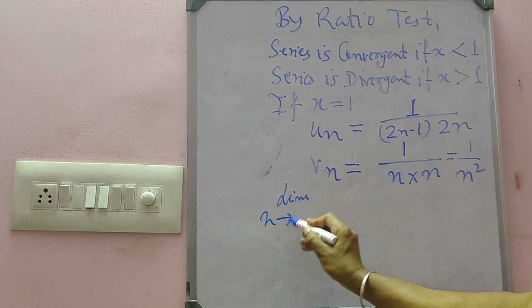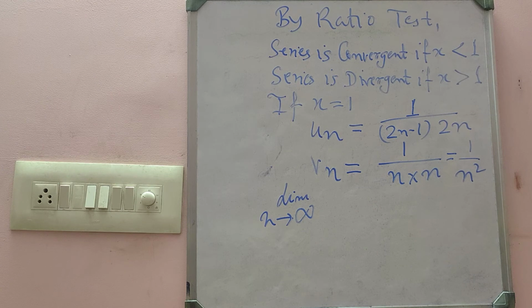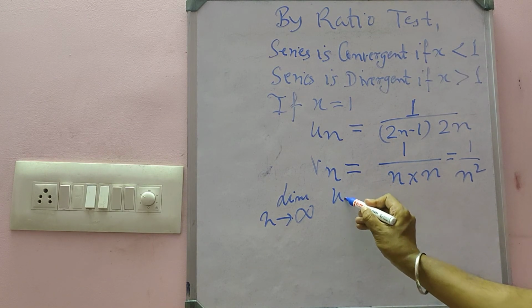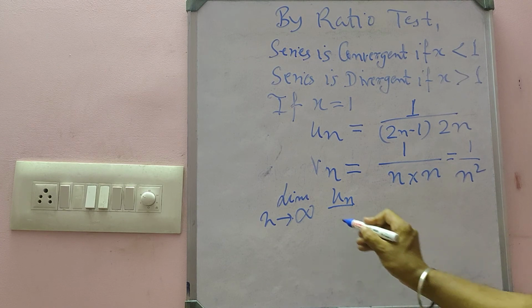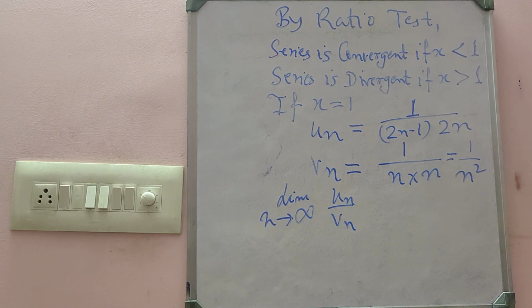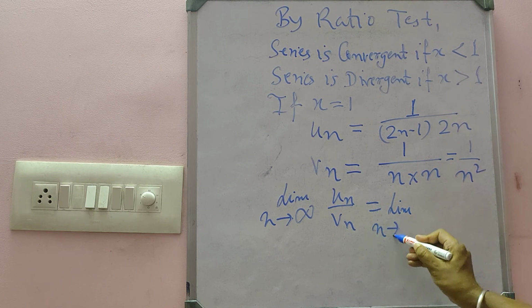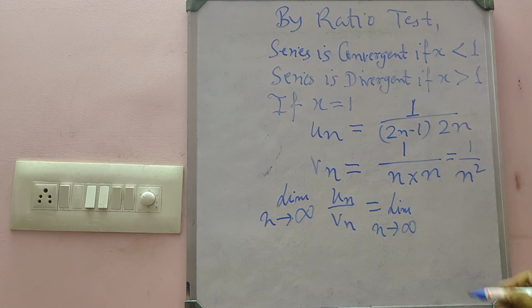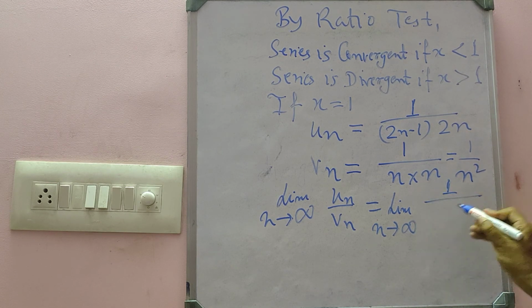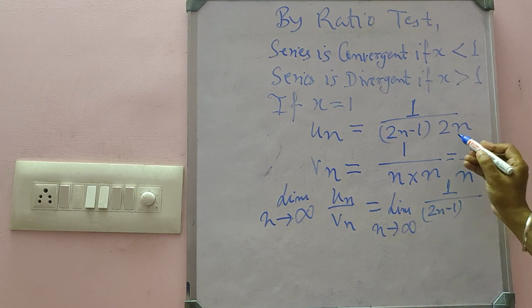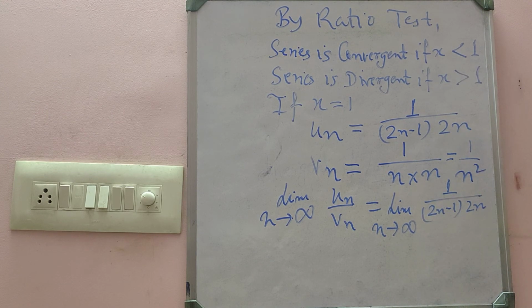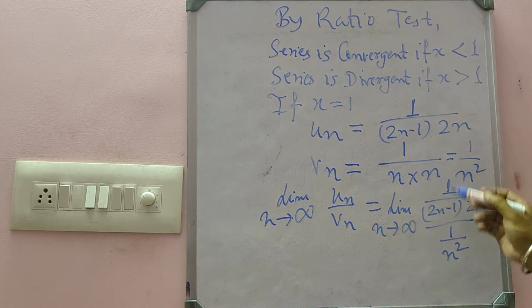Now we can take the limit n tends to infinity un by vn equal to limit n tends to infinity 1 by (2n minus 1) 2n divided by 1 by n square.